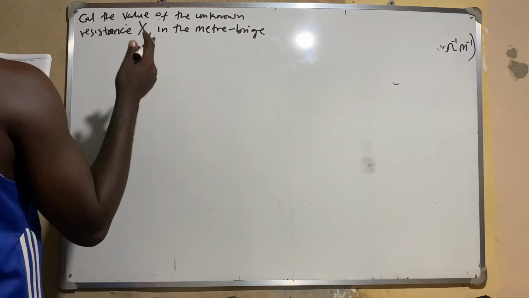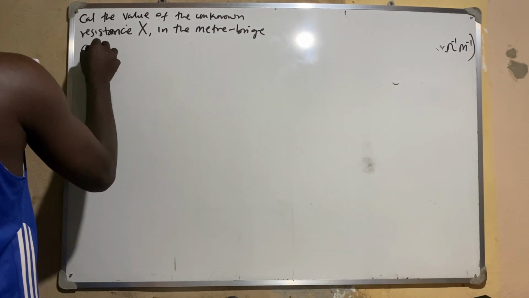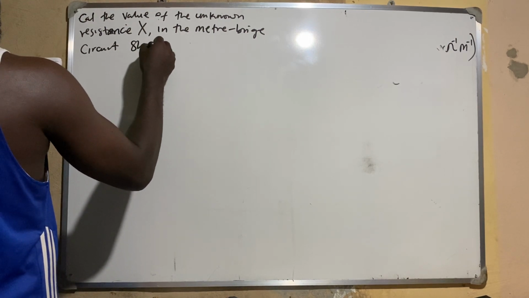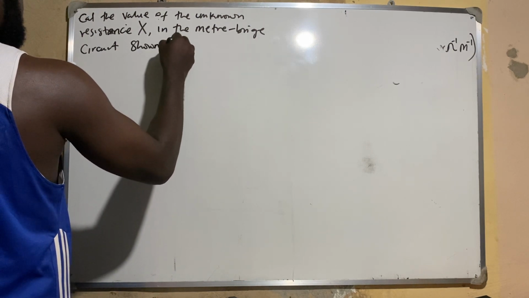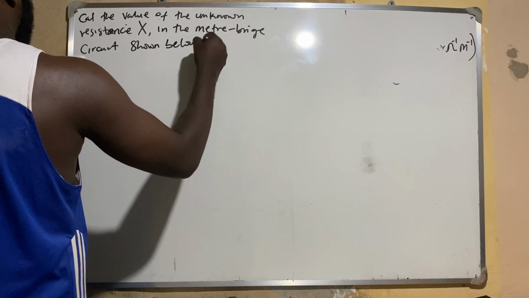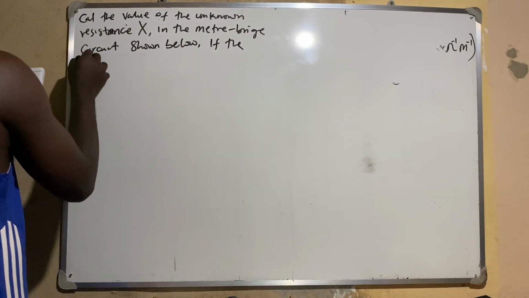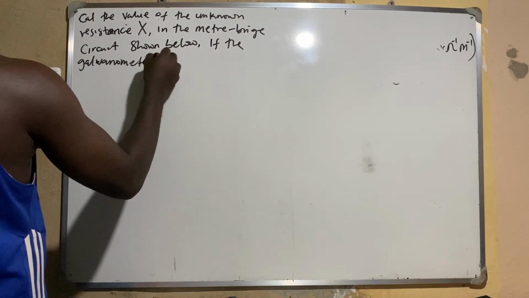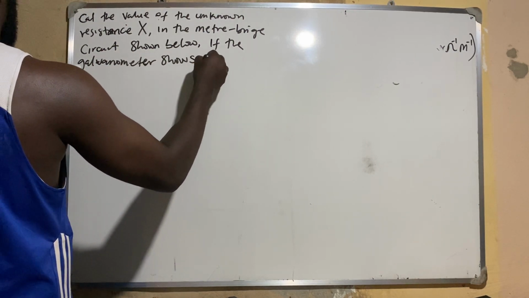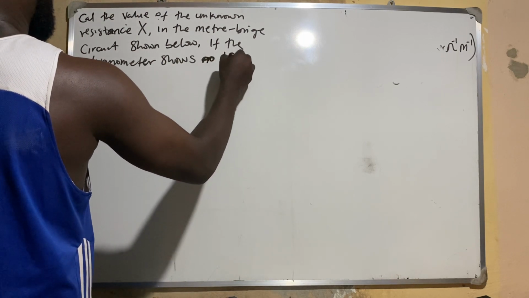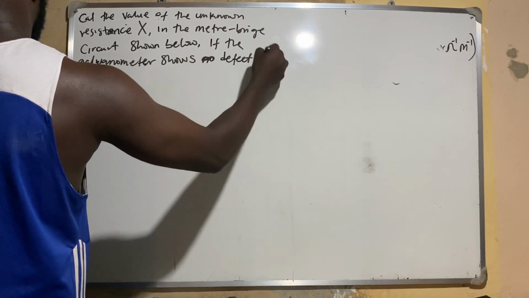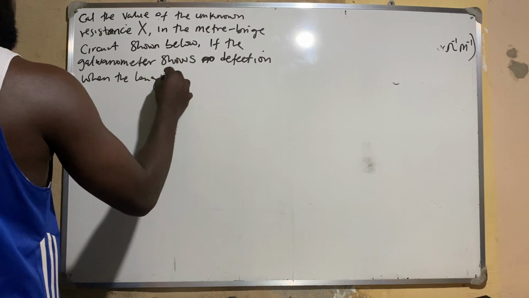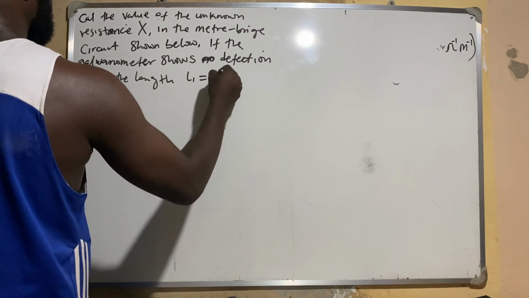They did not call it R2, they called it X. In the meter bridge circuit shown below, if the galvanometer shows no deflection when the length L1 is equal to 40 cm.